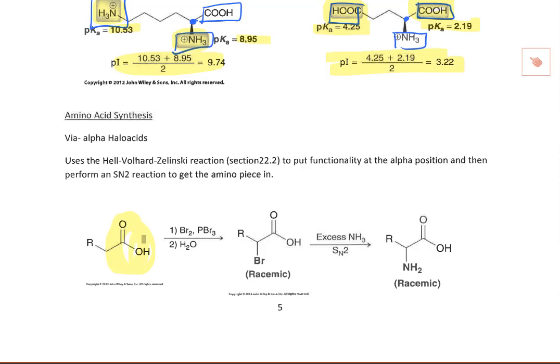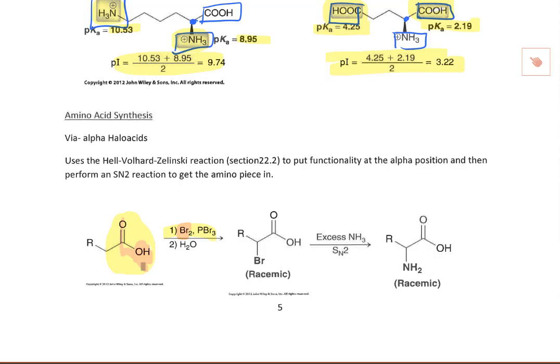Here we have a carboxylic acid and a reaction way back from Orgo 1, where you add PBr3. You used to see that in Orgo 1 took OHs and put a bromine there, but this is a little different because we're adding Br2 with PBr3 and we have a carboxylic acid, not just a plain old alcohol.